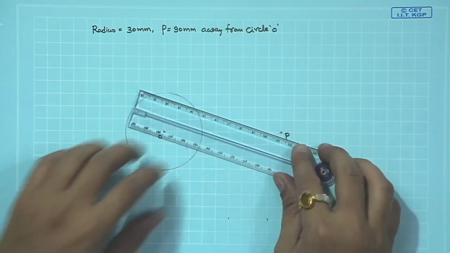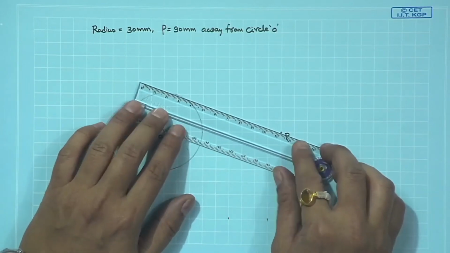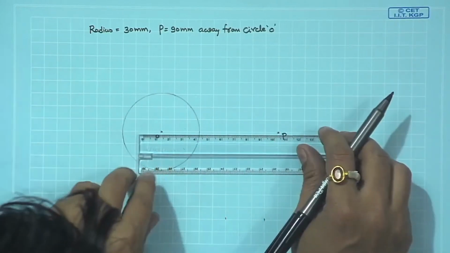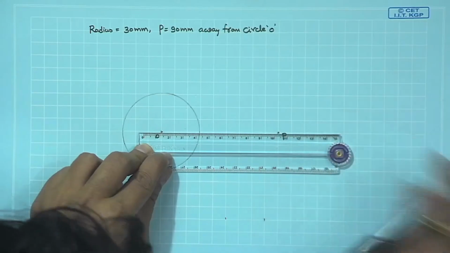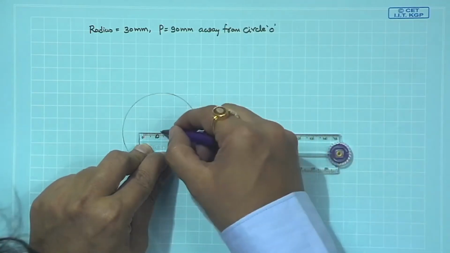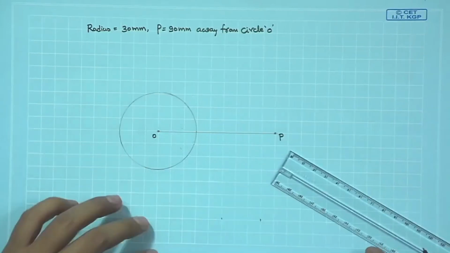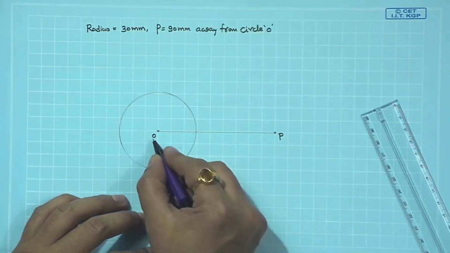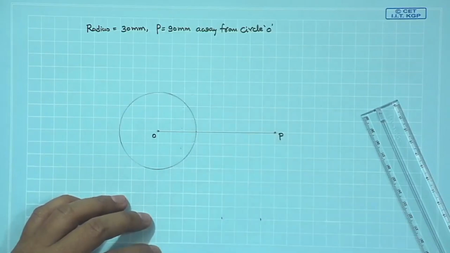Now, we do not know where exactly this J point will be there. To construct the J point, what we are going to do is join O and P points. Joined by a construction line. OP is identified. Now, what we have to do is for OP, we have to make a perpendicular bisector.